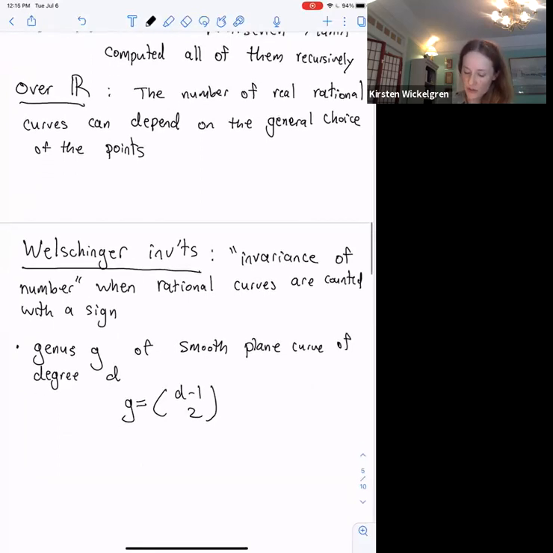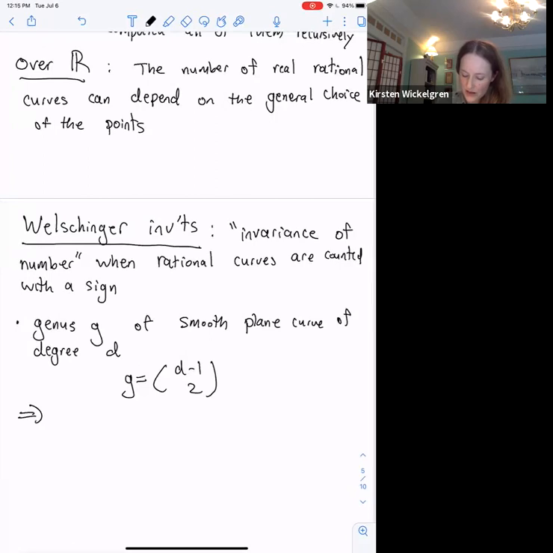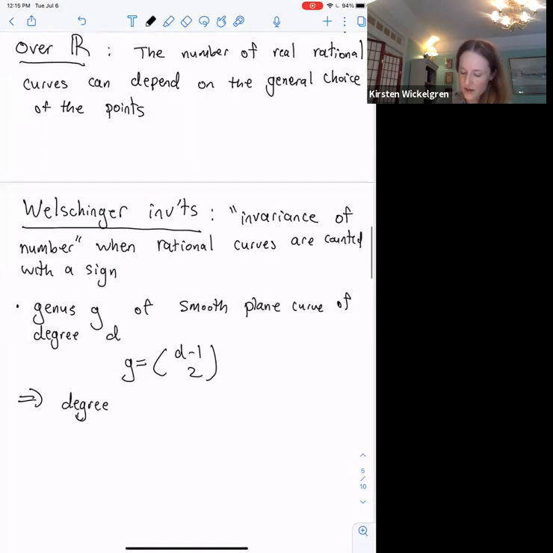So if we're forcing it to be a map from P1, we get D minus 1 choose 2 nodes, because the arithmetic genus has to be constant in the linear system D times the line. So a degree D rational curve has D minus 1 choose 2 nodes.